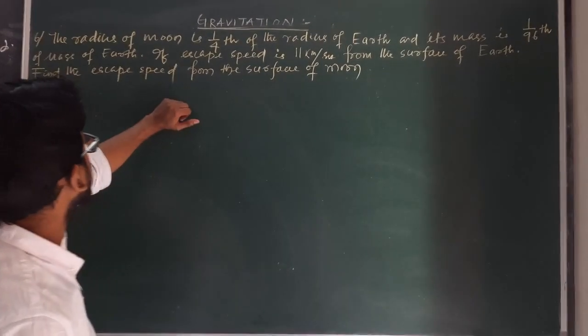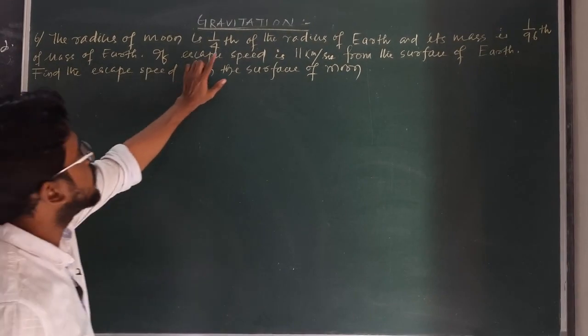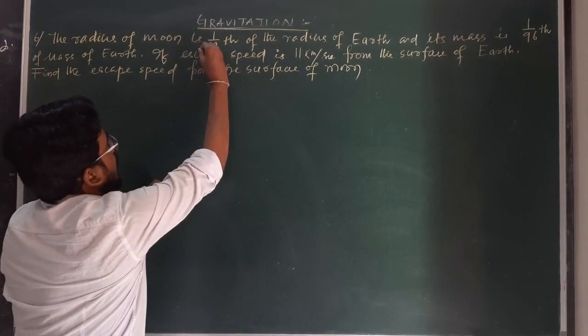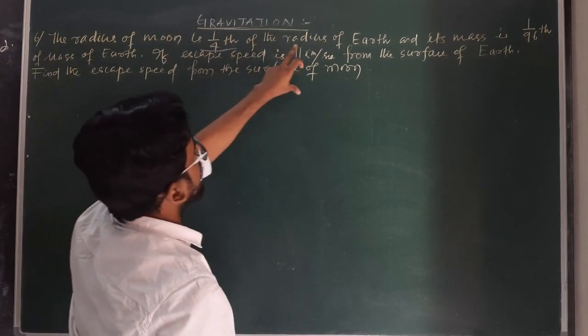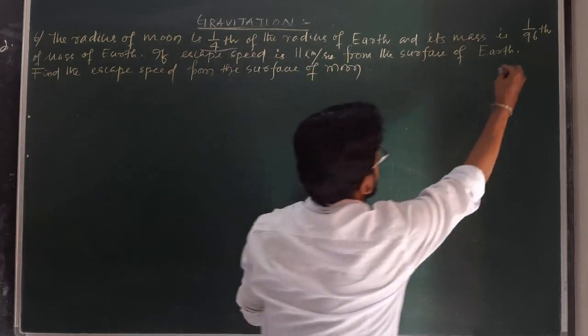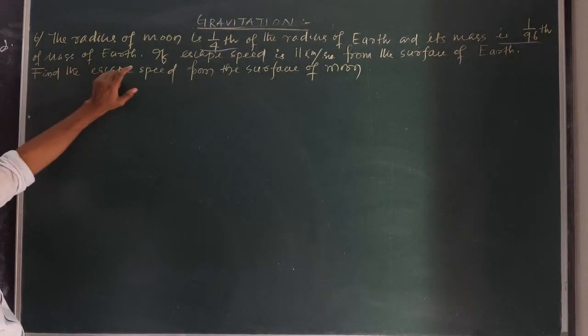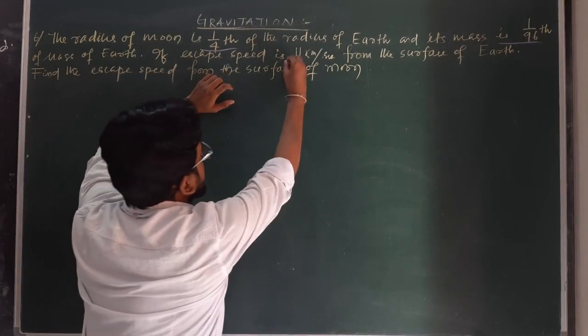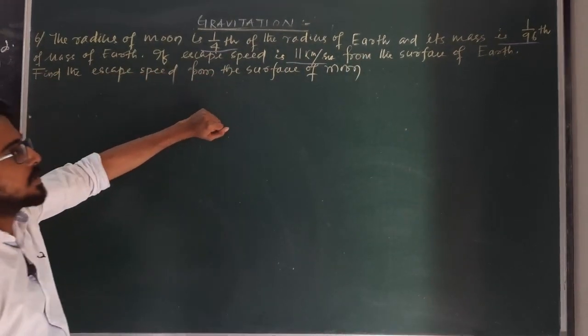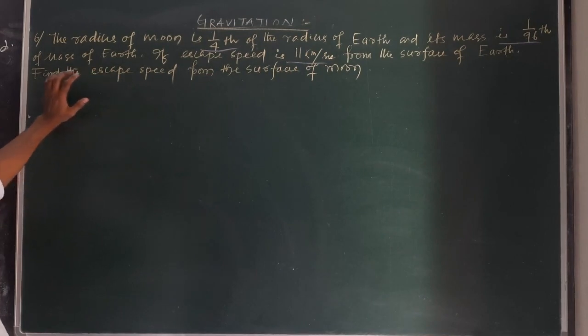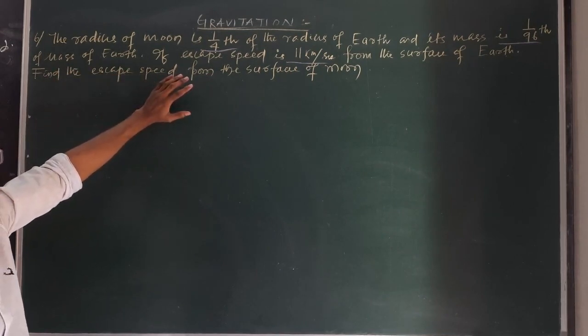Okay, so the next question is: the radius of moon is 1 by 4 times that of radius of earth, and its mass is 1 by 96 times the mass of earth. If escape speed of earth is 11 km per second, we have to find out the escape speed for the surface of moon.